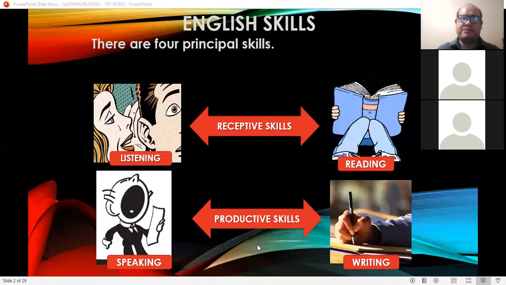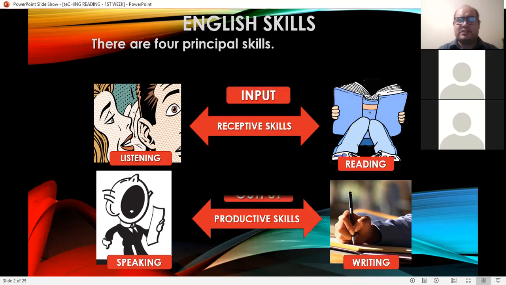Receptive, what we receive, is the input of the language. And productive, what we are going to produce, is the output of the language. So here we have the input, as I told you, and this is the output. Don't forget it. Input, output, all right?